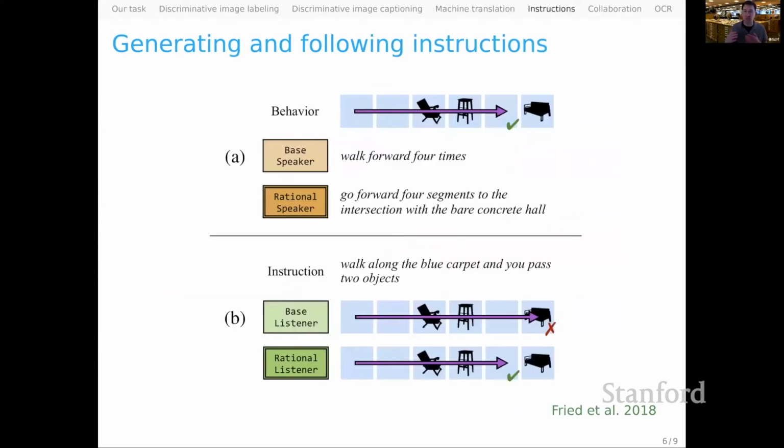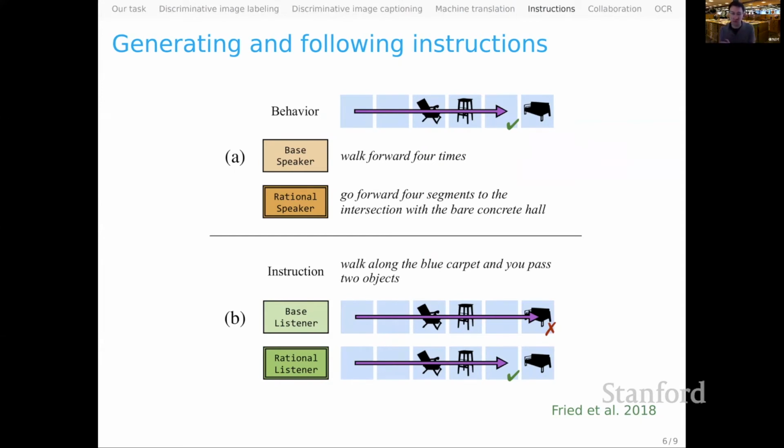And in other domains, it's just very intuitive to think about informativity in context. So Daniel Fried et al. have a lovely paper exploring how to give navigational instructions, drawing on pragmatic ideas like informativity in context. For example, they have both speaker and listener agents, and they observe that the base speaker is true but uninformative, whereas their rational speaker, which brings in pragmatic ideas, is more sensitive to the kinds of information that a listener would need to follow an instruction.